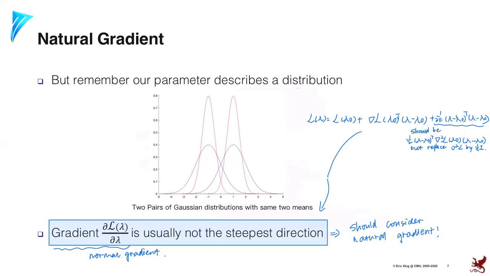But when we consider the distance between these two pairs of distributions using the KL divergence, then their KL divergence is very different.